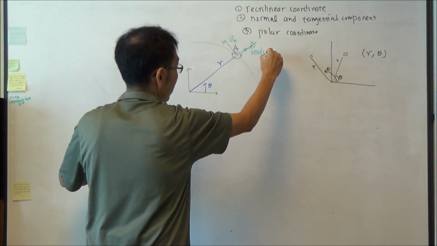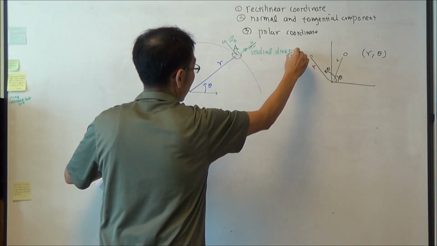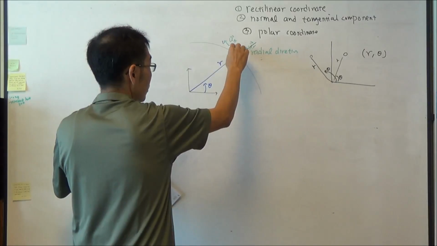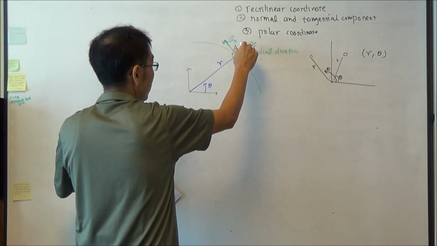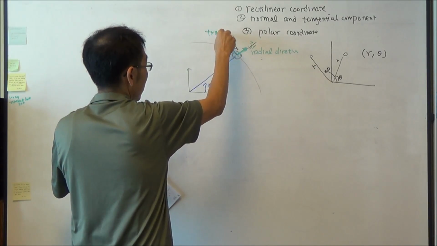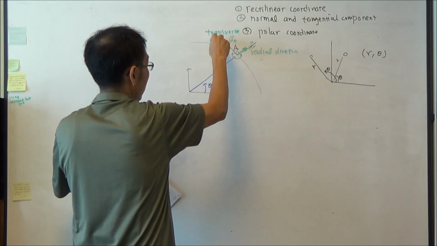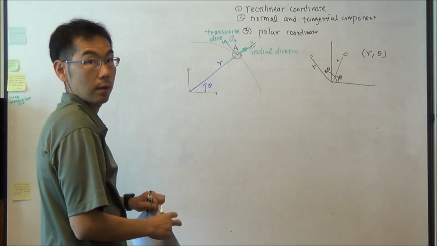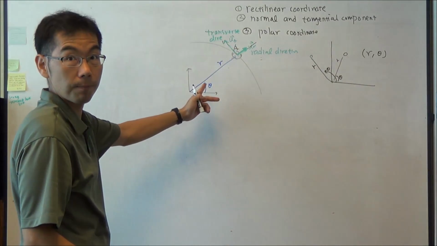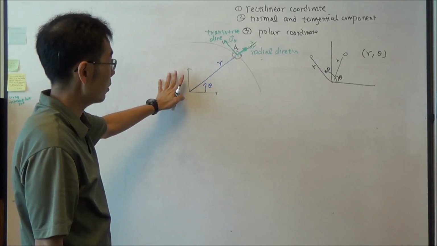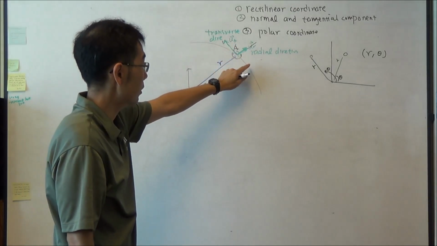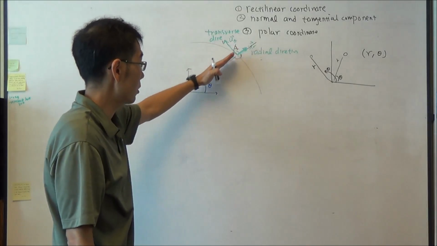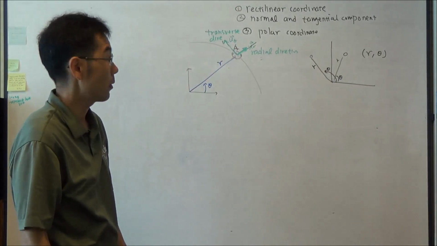So this is the radial direction. And once you define the radial direction of r, perpendicular to the radial direction is called the transverse direction. The transverse direction is the direction of changing theta. Okay. So in the polar coordinate system, we define two unit vectors, the radial direction and the transverse direction. The radial direction is the same as your r vector.